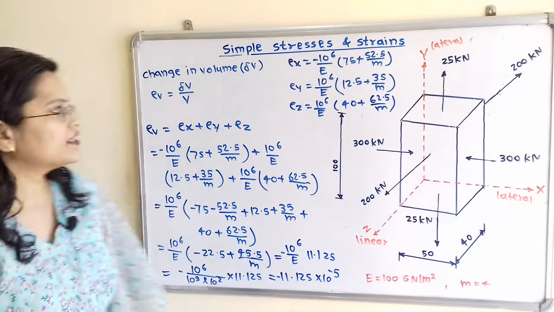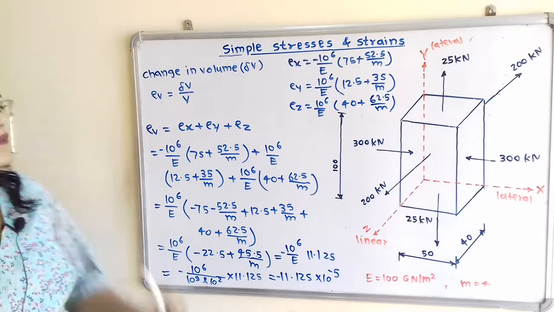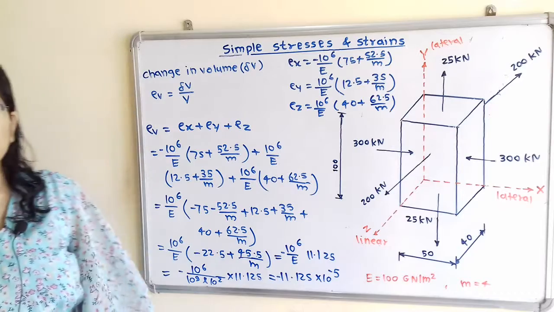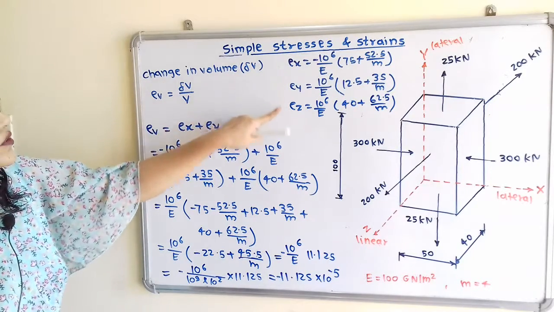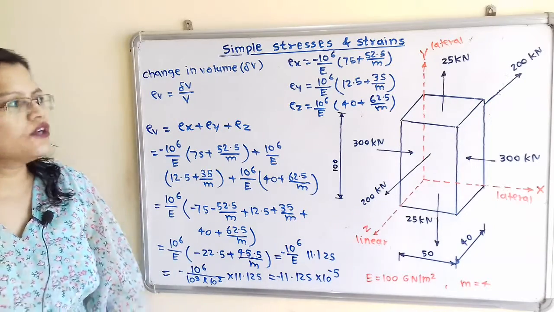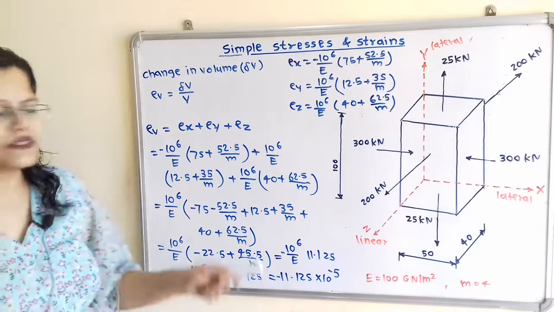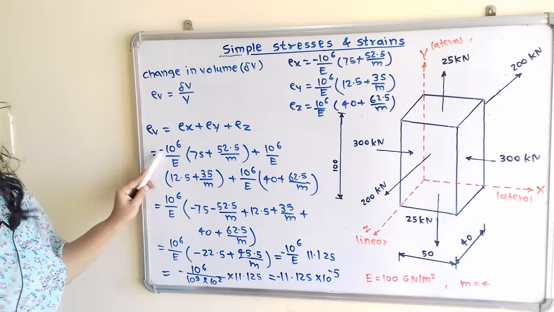So the formula is volumetric strain is equal to delta V by V. So we have to first calculate the volumetric strain. So epsilon V is equal to epsilon x plus epsilon y plus epsilon z. So we can take each term and add all the terms in the form of an equation. Now if we observe, here is the minus sign.